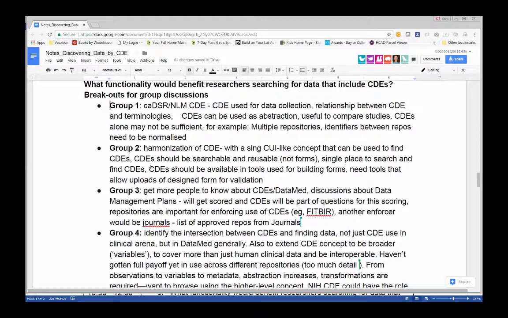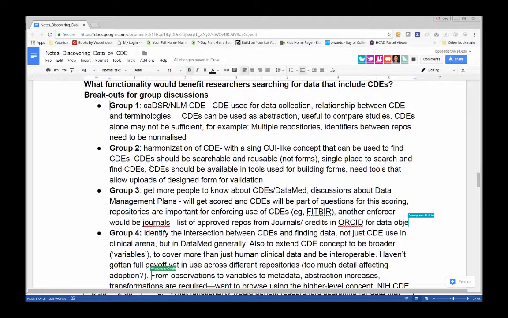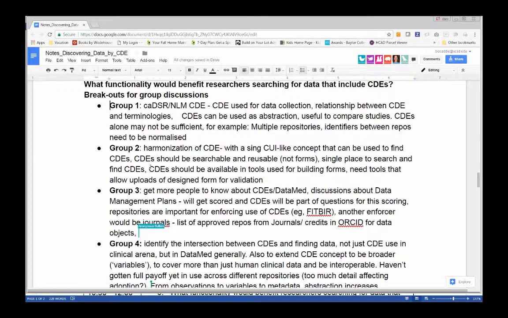So if the repositories add the ORCID identifier and export their data, the fact that there is an identified data entity that goes into ORCID means ORCID will be able to give credit. So that's a bit of a carrot to all of the researchers who deposit data in proper data repositories. Okay, so I think those are the main topics.